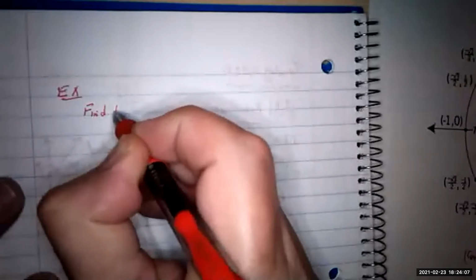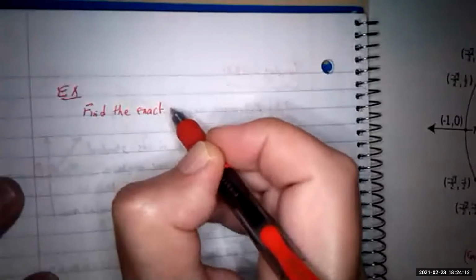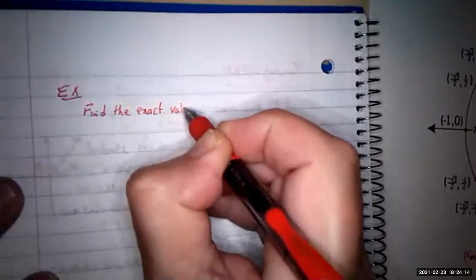So for example, if you want to find the exact value, again, exact value, some of you missed it on the test, no calculator, just using your table. Write everything, if it's a radical expression, write it down in radical expression.